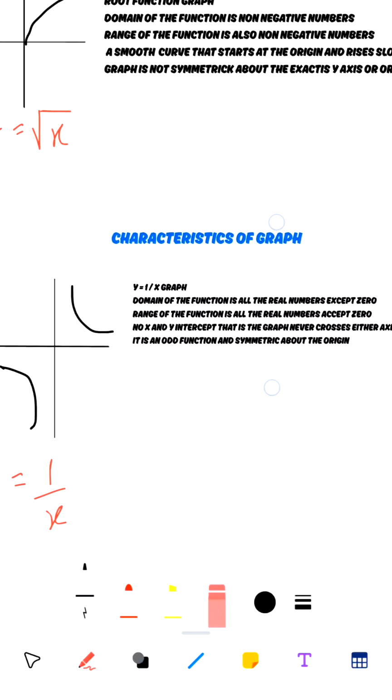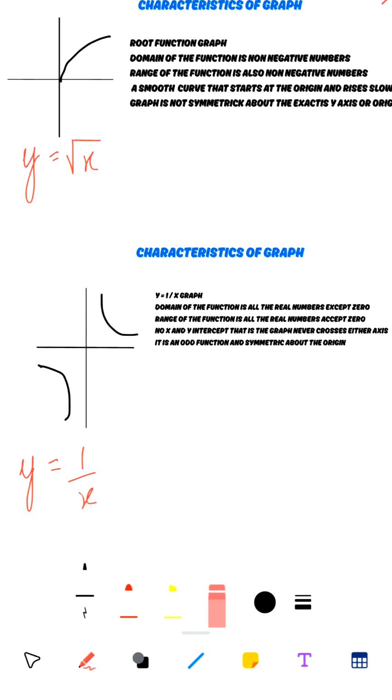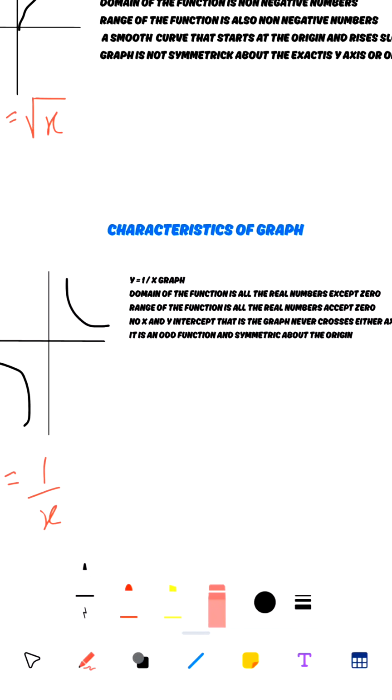Next, no x or y intercept can be seen. Can you see the x and y intercept here? No, you cannot see. Whatever graph you draw, it will never touch the x or y axis. No intercepts can be seen. Because here x is not equal to 0, y is also not equal to 0. Whenever the graph meets an axis, at that point one of the coordinates should be 0.